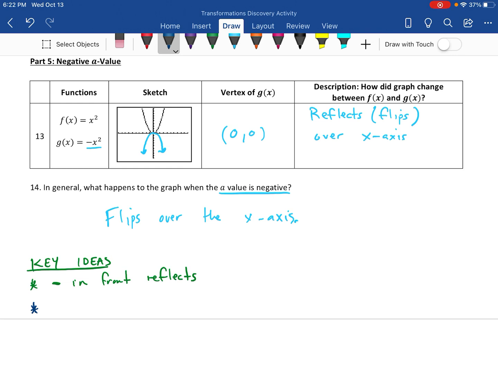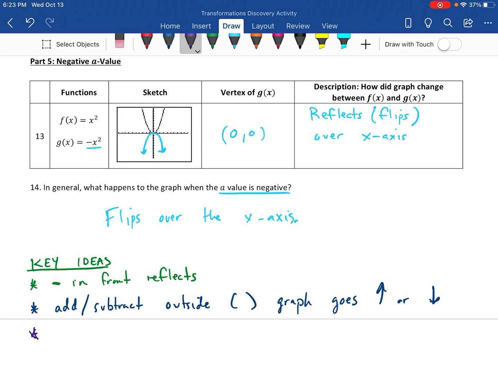If you add or subtract outside parentheses, the graph goes either up or down.